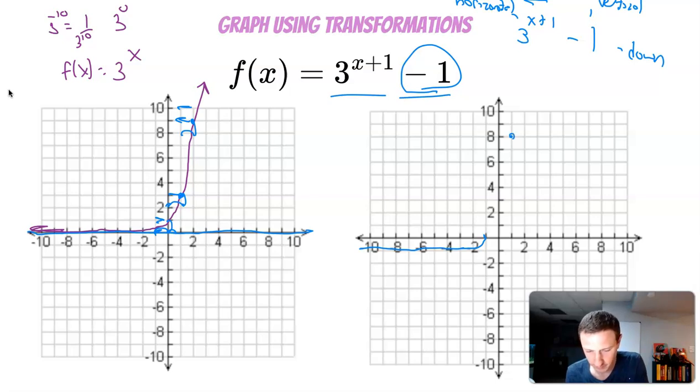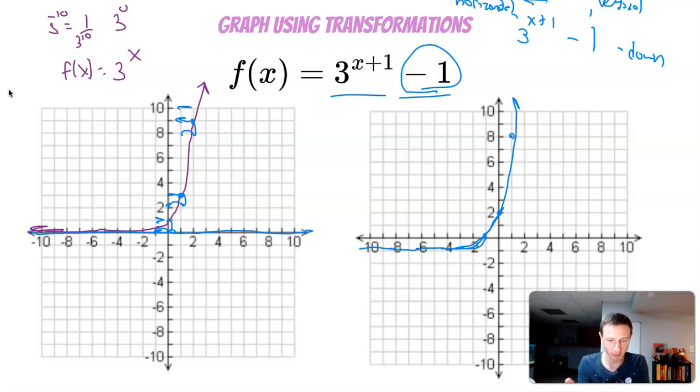Sorry, I kind of missed my point, but that's okay. So that is what our 3 to the x plus 1 minus 1 is going to look like with that shifting.